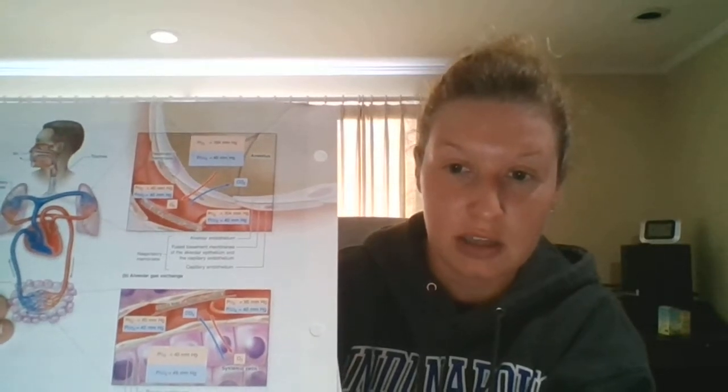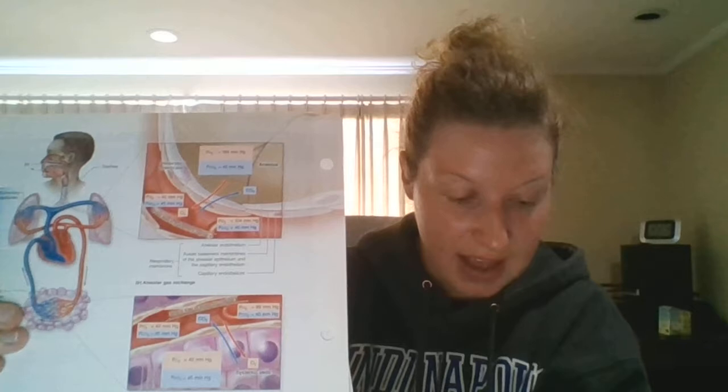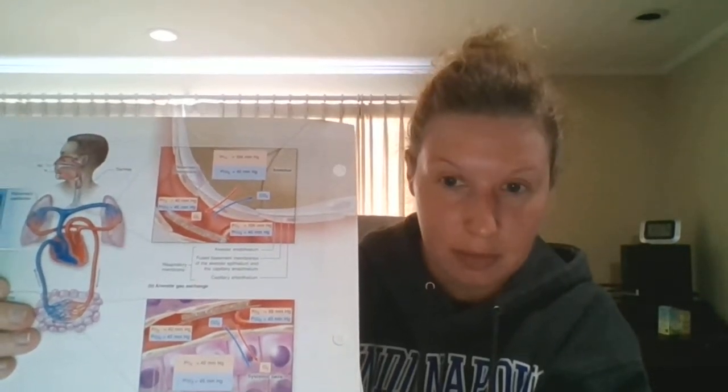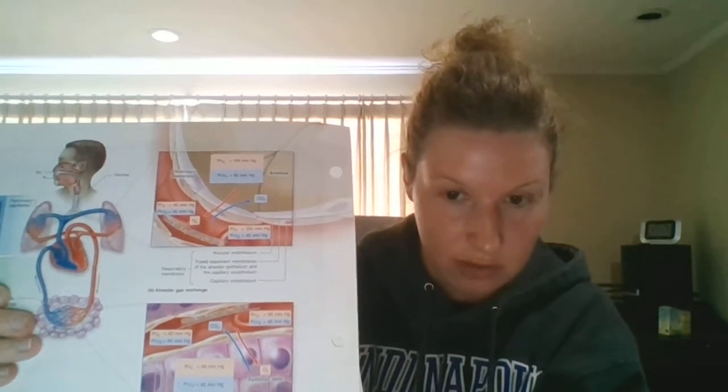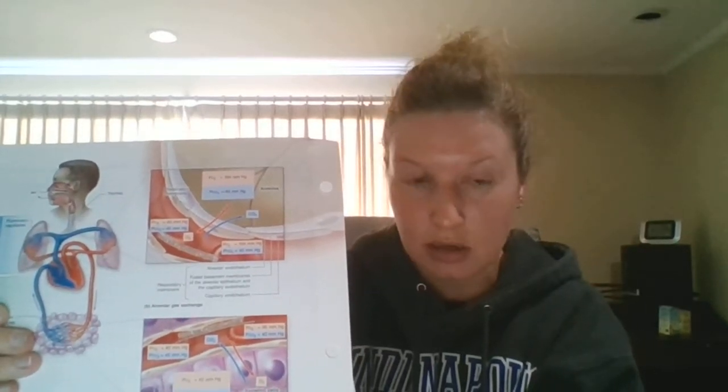So now, look at each gas, and it's going to move down its concentration gradient. So the oxygen concentration is higher in the alveolus than it is in the pulmonary capillary. 104 is greater than 40. So oxygen moves from the alveolus into the capillary. Oxygen moves from the lungs into the blood.